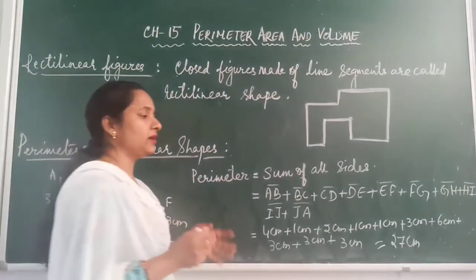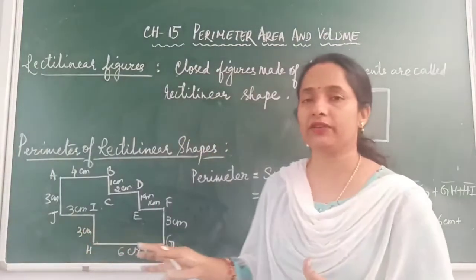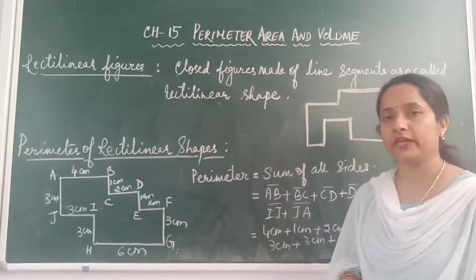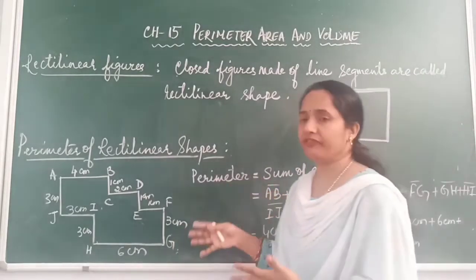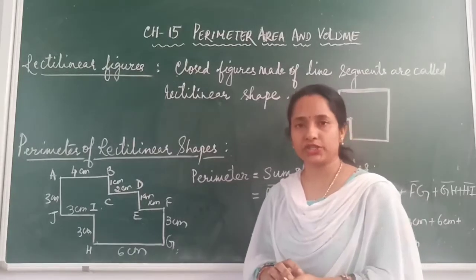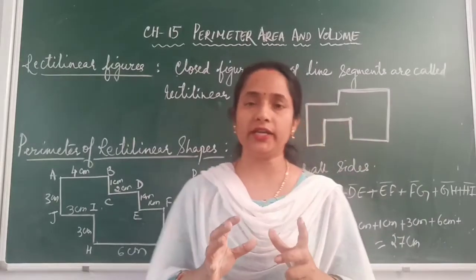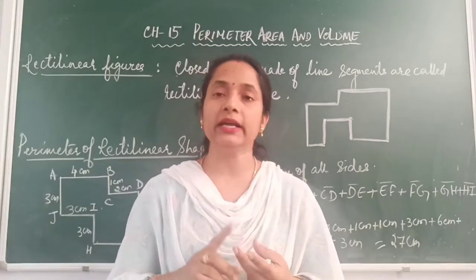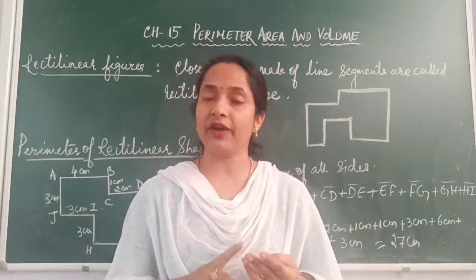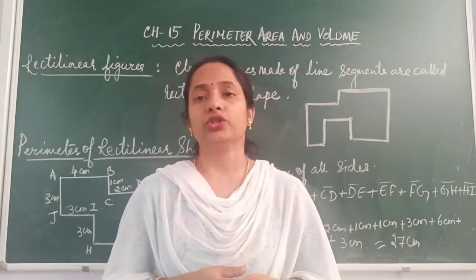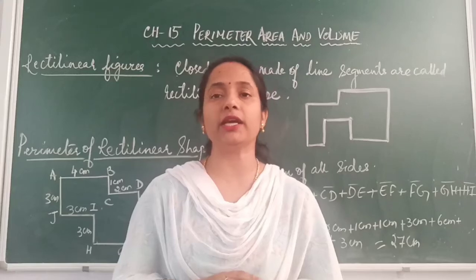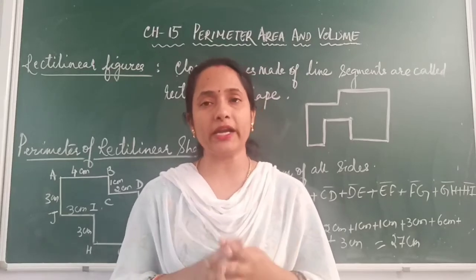So whenever any such rectilinear shapes are given and you need to find the perimeter, this is the way you have to find it. Now, apart from this type of rectilinear shapes, there are a few rectilinear shapes which are very well-known figures to us, such as squares, rectangles, triangles and all. Isn't it? So now let us understand how to find the perimeter and area of a square and rectangle.